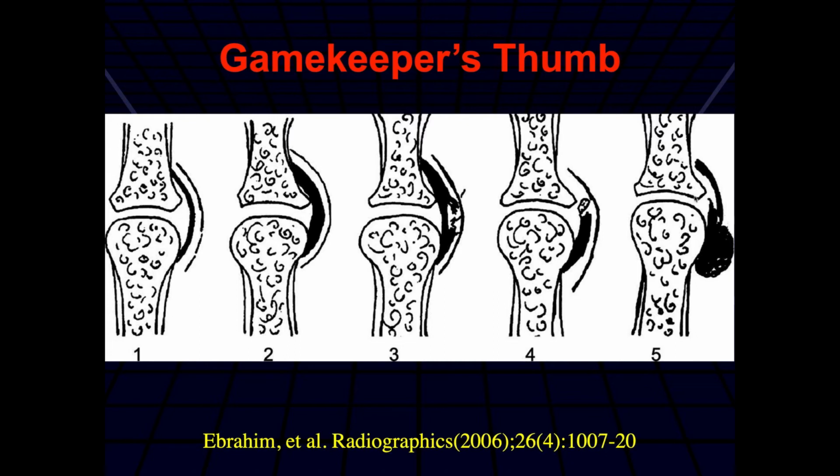This is what's called a Stener's lesion, which occurs somewhere around 20 to 30% of these injuries, and is generally considered a surgical problem. Whereas the bone avulsions may or may not be surgical, depending on how big the avulsion is. If you just have a tear of the ulnar collateral ligament off of the bone without a bone fragment with an intact retinaculum, then those are typically considered non-surgical cases where they're just splinted and allowed to heal.